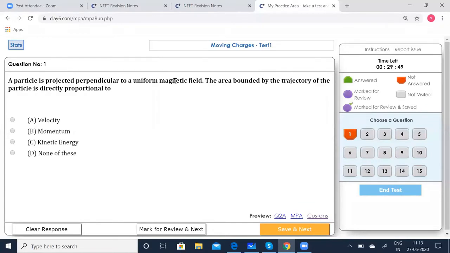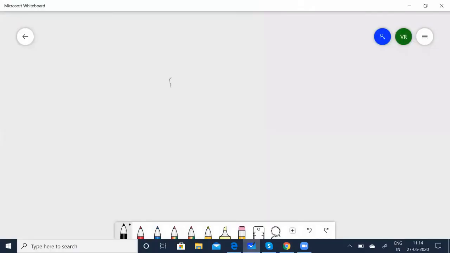The area bounded by the trajectory of the particle is directly proportional to velocity, momentum, kinetic energy, none of these. All right. You know area is pi r squared, so we can write A is directly proportional to r squared.